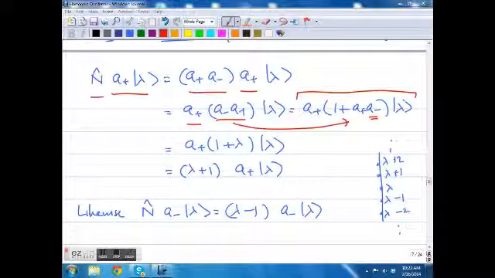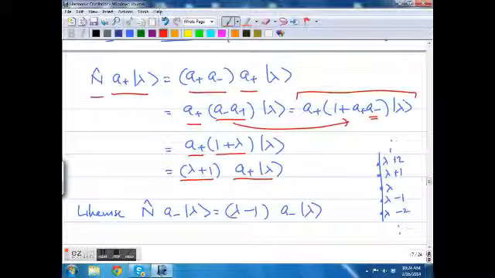So the term in brackets acting on lambda picks up 1 plus lambda and returns the state lambda, leaving my a plus sitting to the left, but the a plus then commutes with 1 plus lambda, which is just a number, or a number times the identity. And so altogether, the number operator acting on a plus times lambda ends up returning the eigenvalue lambda plus 1, multiplying the starting vector, which is a plus acting on lambda.